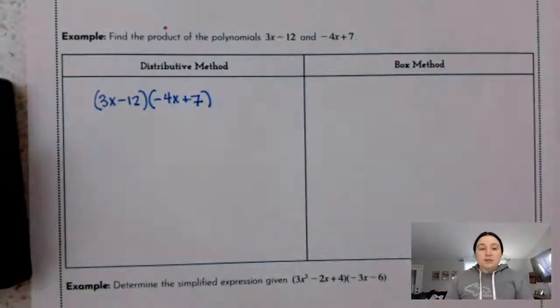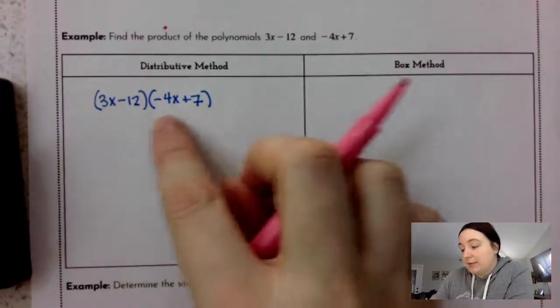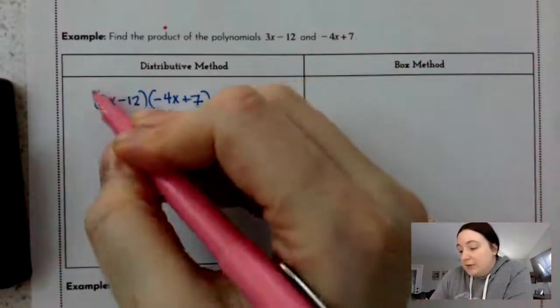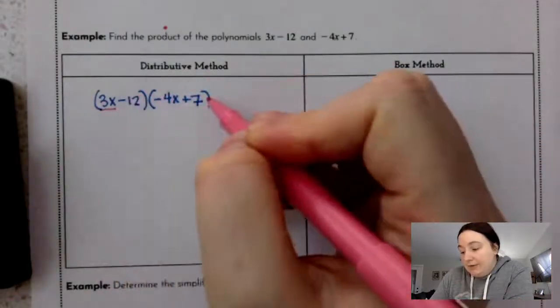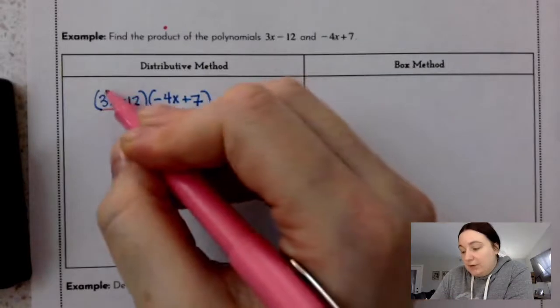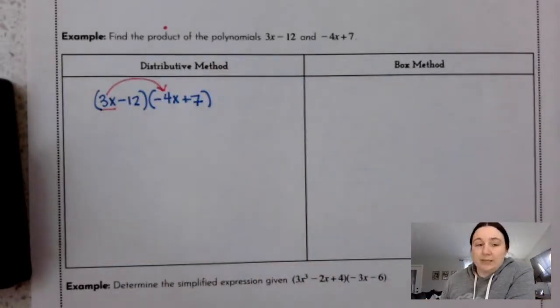And so now basically what we're doing is we're going to distribute, hence the name distributive method, every part of the first to every part of the second. And how this works is I always start with the first term and then distribute to everything in the second, and then keep going. So the 3x times the negative 4x.